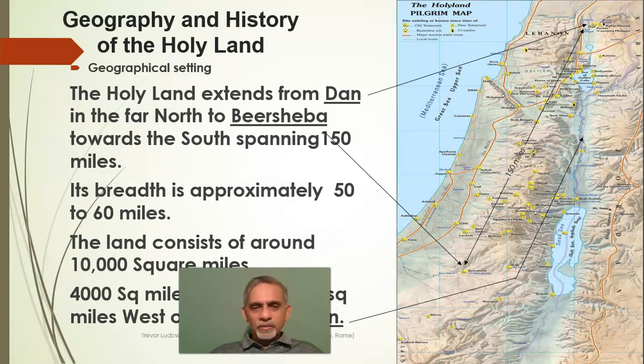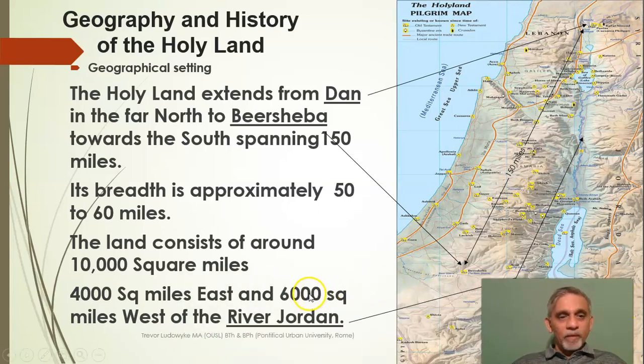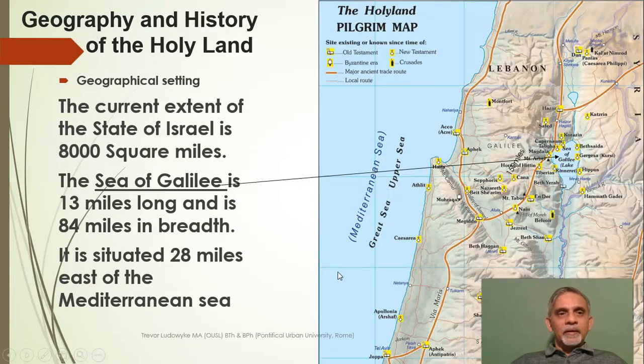The land consists of around 10,000 square miles, 4,000 square miles east and 6,000 square miles west of the River Jordan, right? The current extent of the state of Israel is around 8,000 square miles.